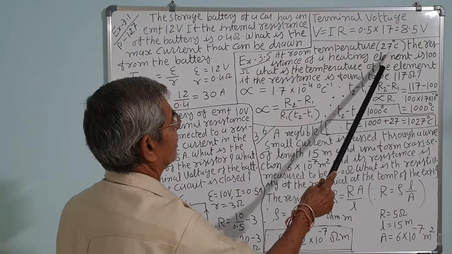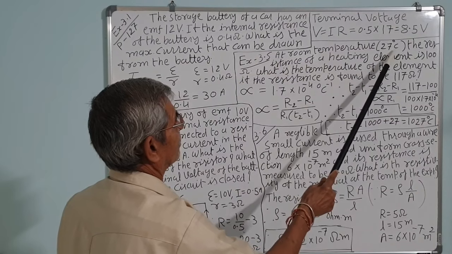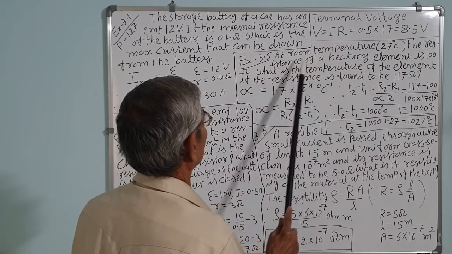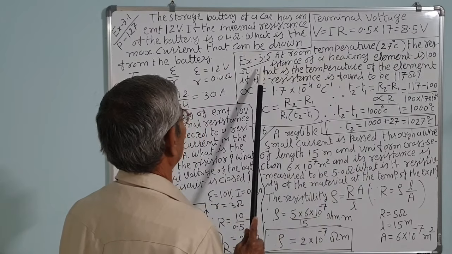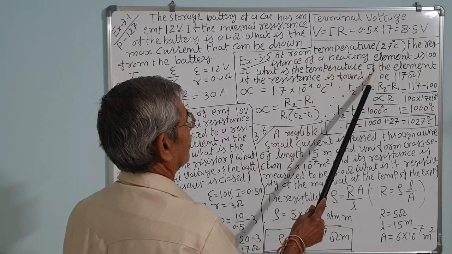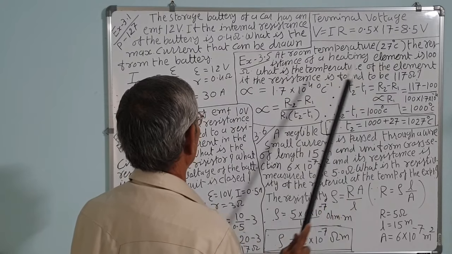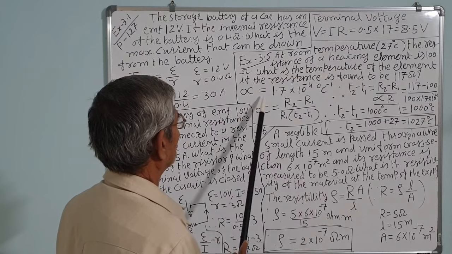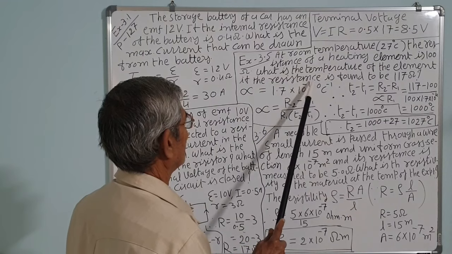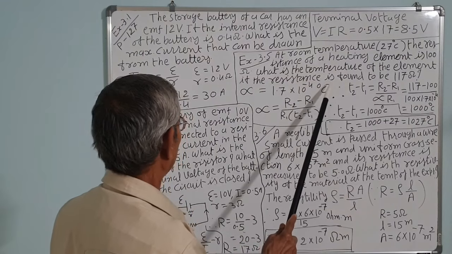Example 3.5. At room temperature, 27 degree Celsius, the resistance of a heating element is 100 ohm. What is the temperature of the element if the resistance is found to be 117 ohm? Alpha is given as 1.7 into 10 raised to minus 4 per degree.